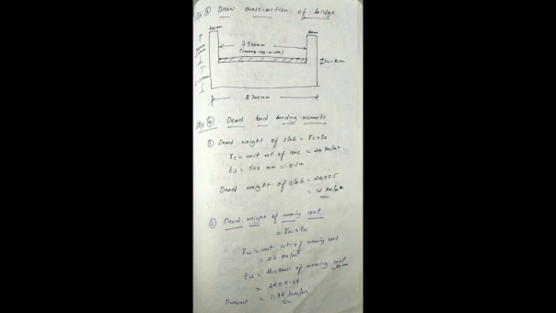Next, let's draw all the dimensions here. Step 3, draw the cross section of the bridge. You can see here the carriageway width is 7.5 meter. He has given 2 lanes, 7500 mm, and the curbs are given as 600 mm on both sides. After totaling carriageway width and the curbs, it is 8700 mm.